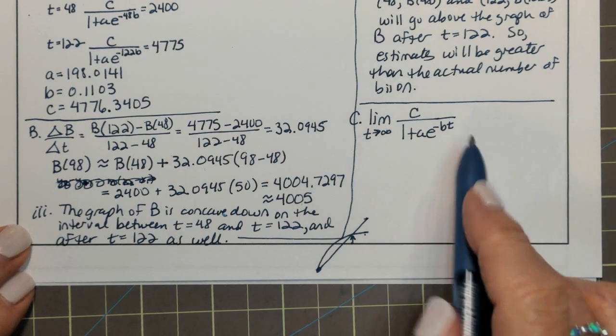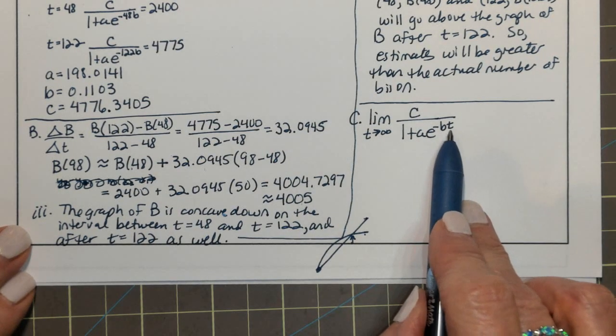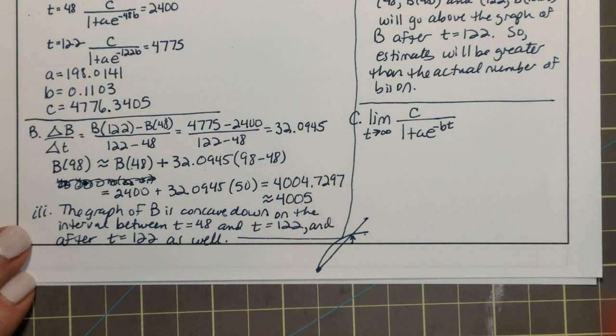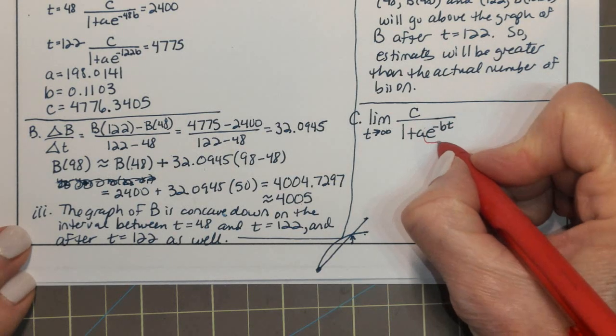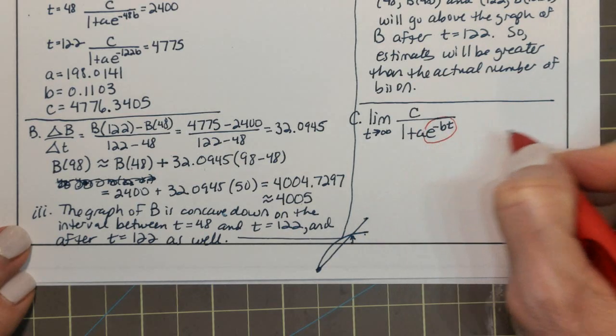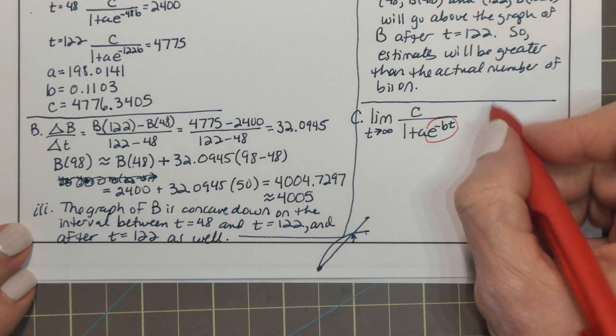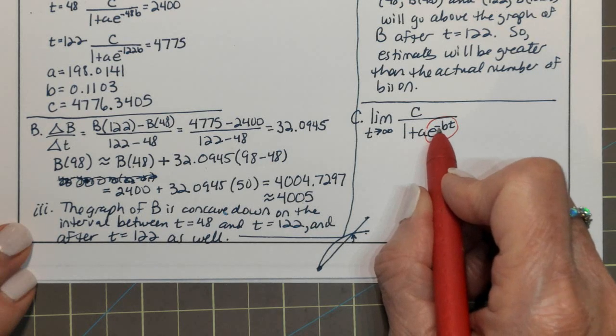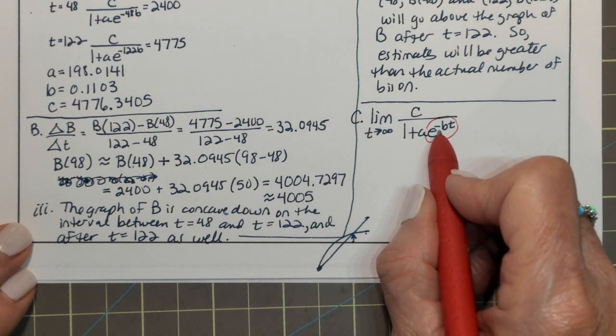Okay? As time goes to infinity, this piece right here is going to 0 because it's a negative power. e to a negative huge number.